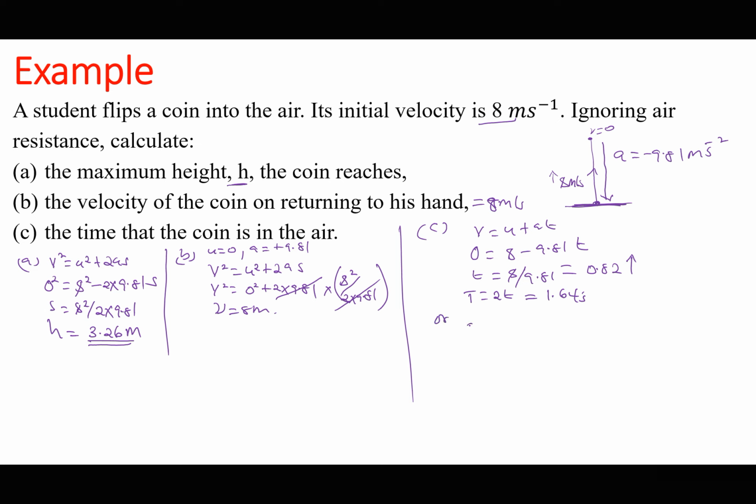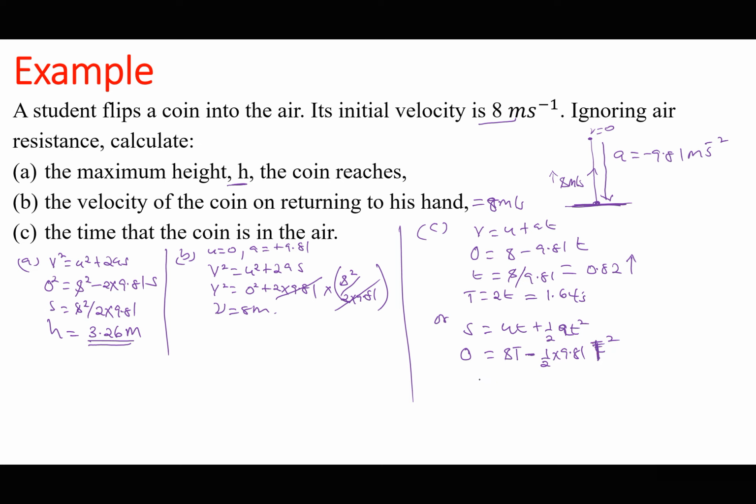Alternatively, I could use s equals ut plus a half at squared. s in this case would be 0 if it goes and comes back. Initial velocity is 8 and the time is not known, so I'll just quote capital T. It initially went up, so this becomes minus a half times 9.81 times T squared.